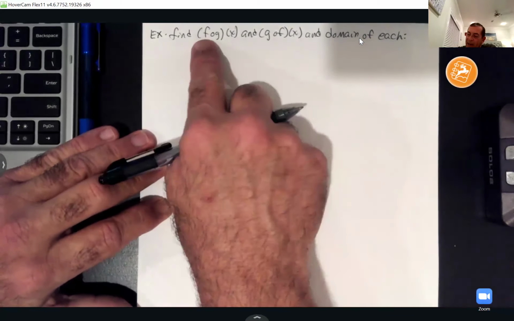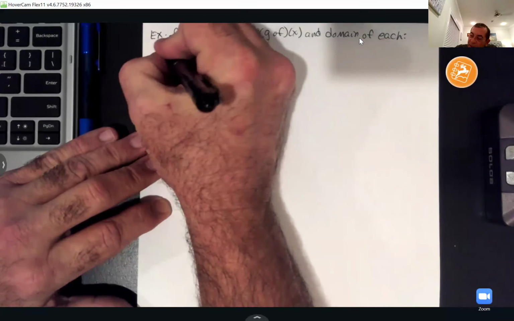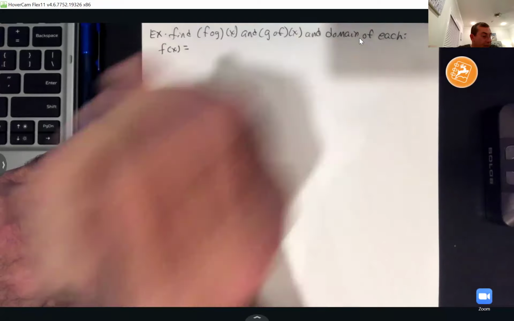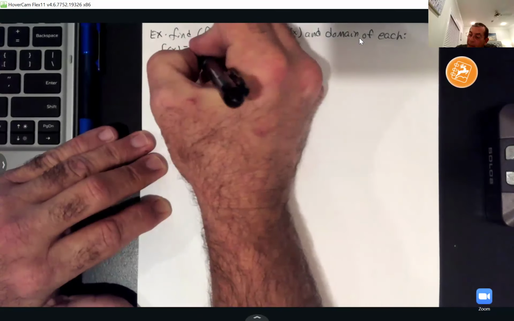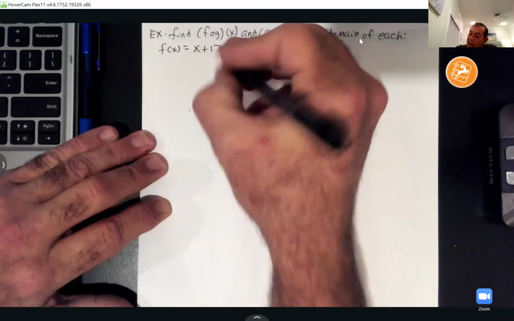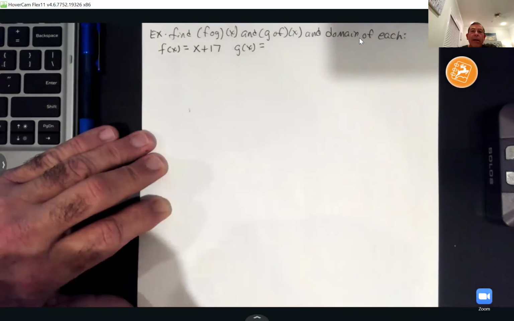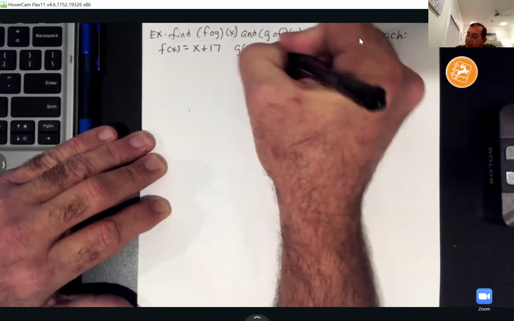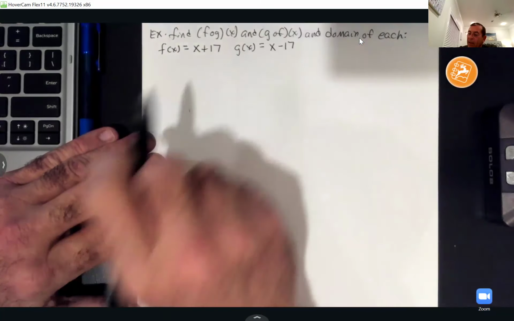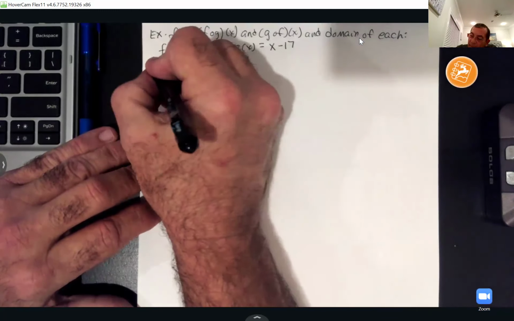So the first thing I'll find is my f of g. So let me get our functions here. F of x is going to equal x plus 17, and g of x is going to equal x minus 17. So let's start with f compose g of x.